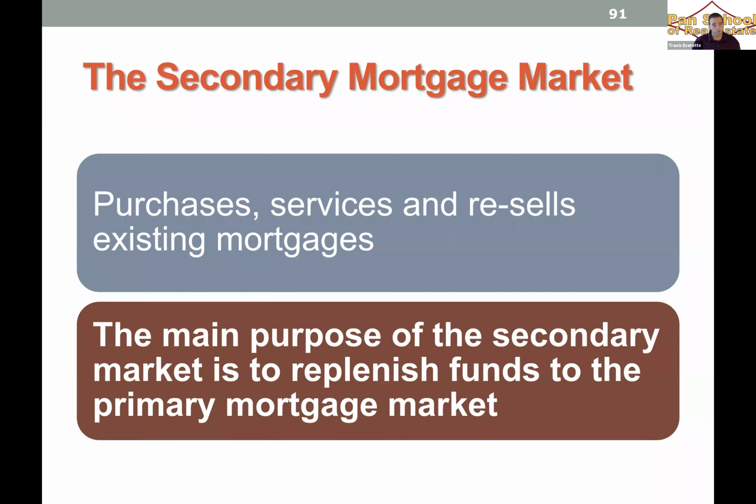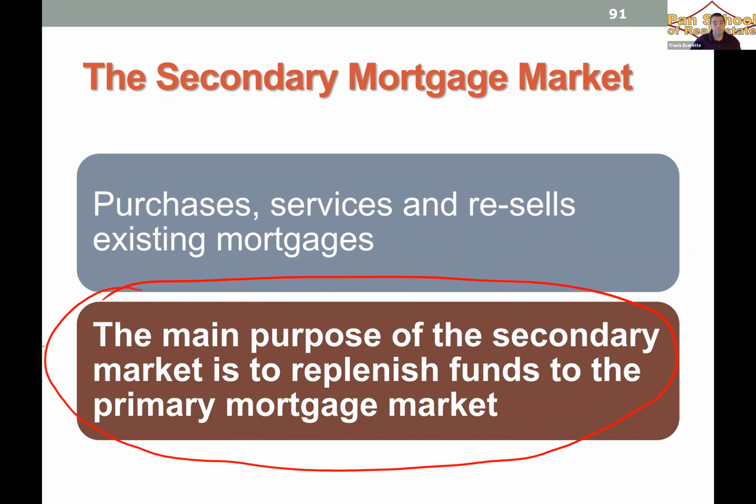This is where the test question is probably going to come from. What happens in the secondary mortgage market? It's a way to put money back into the primary mortgage market. If lenders can sell those loans and put that cash back in their pockets, they can make more loans. It's a way to keep the process moving.